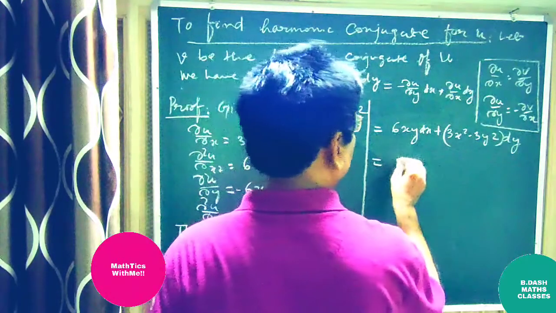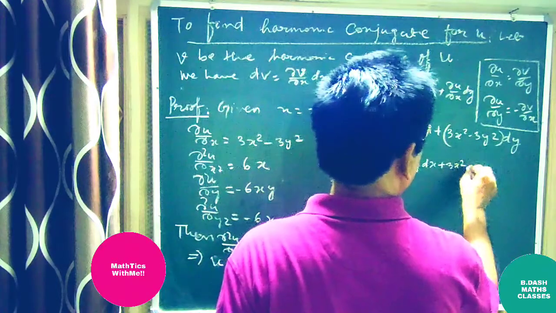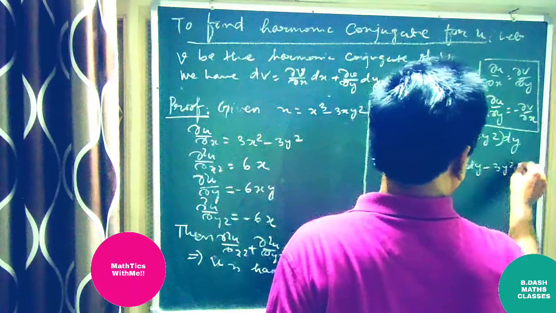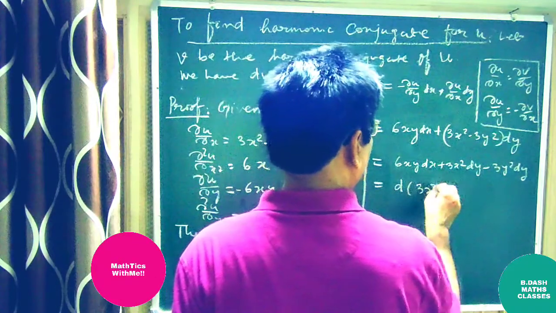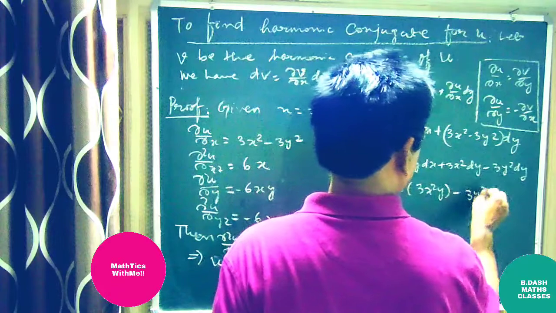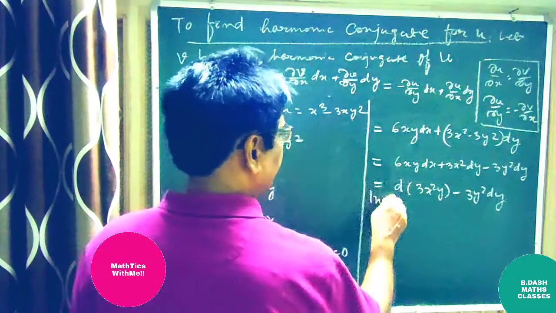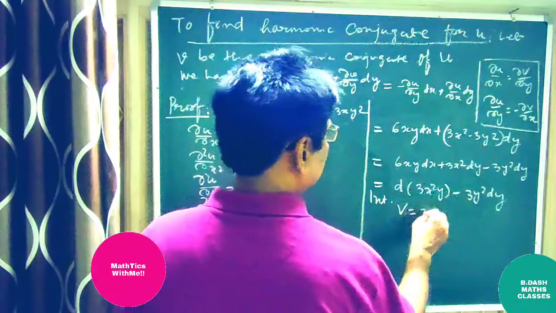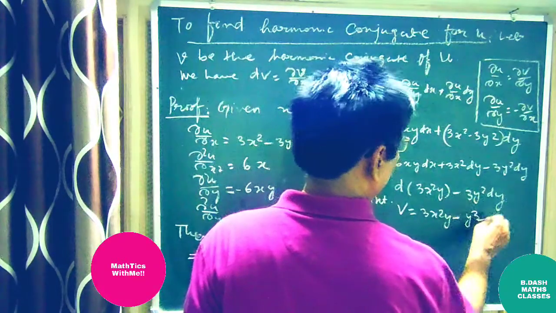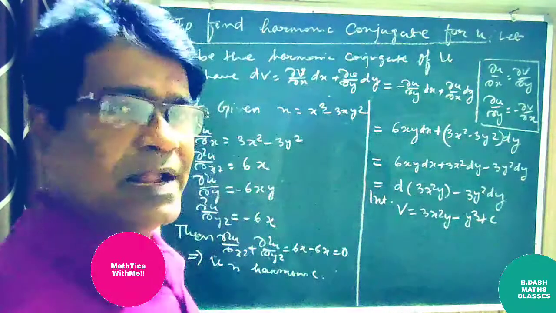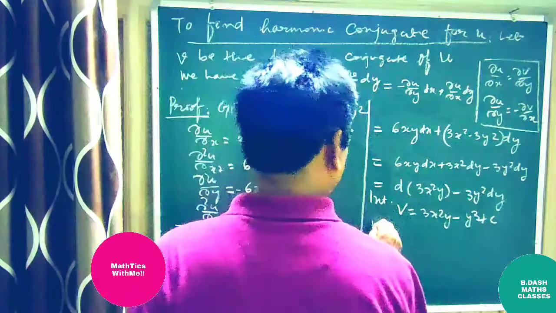So this is equal to 6xy dx plus 3x square dy minus 3y square dy. And this is equal to the derivative of 3x square y minus y cube. So now integrating both sides we get v is equal to 3x square y minus y cube plus c.